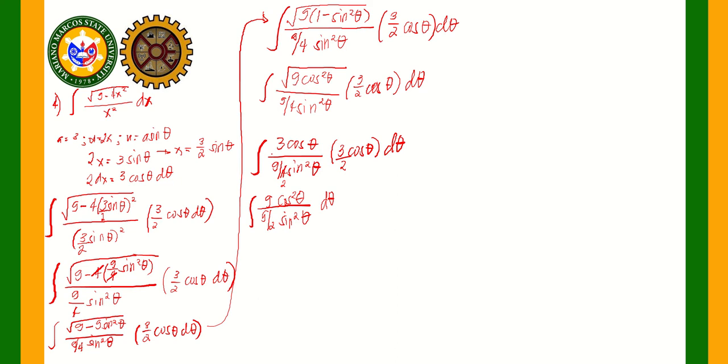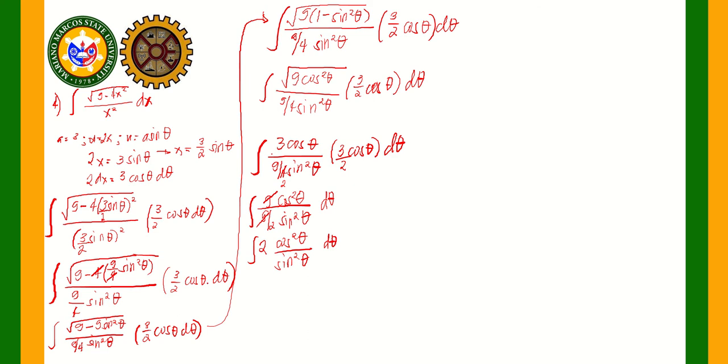Okay. So from there, if we simplify this one, the 9 will cancel, and then we are left with 2 cosine squared theta over sine squared theta d theta.